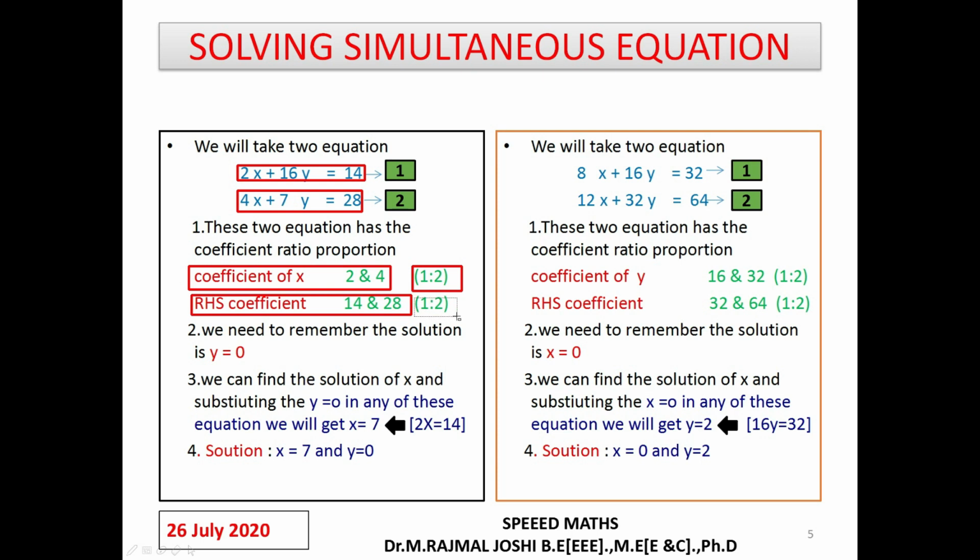Both the coefficients of x and the right hand sides are in ratio 1:2, since 2:4 becomes 1:2 and 14:28 becomes 1:2. Whenever the right hand side is proportional to the x coefficient, the y solution is always 0.